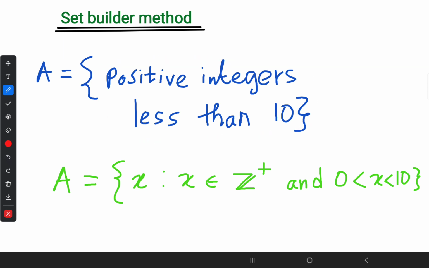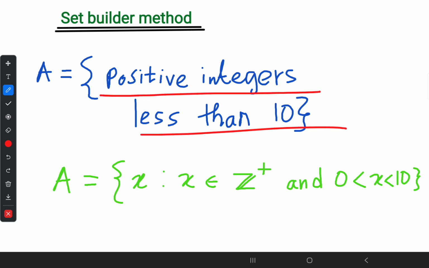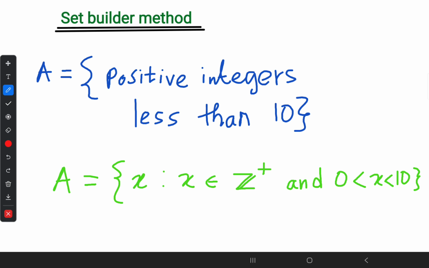A equals, inside curly brackets, positive integers less than 10. It looks simple, but there are many things to investigate in this statement. A equals, we will consider the values which belong to this particular description.